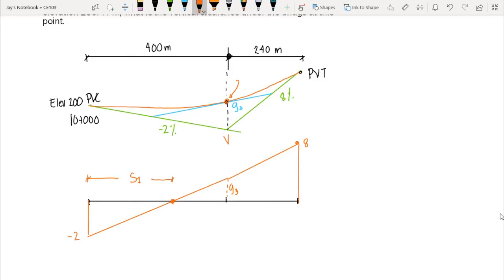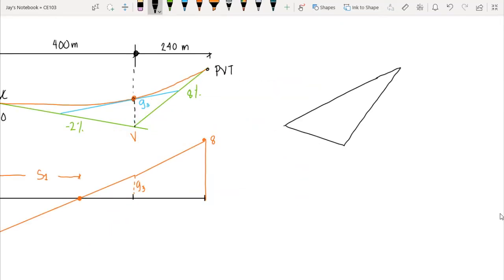However, before we can apply ratio and proportion, we need the value of G3. So how are we going to do that? If you isolate this triangle, we have this diagram in which the slope of this line is G3, correct? If we draw a horizontal line, the angle here is G3, while the slope of this line is 2%. Let's neglect the negative sign because we will be adding the two slopes, not subtracting, so we use the absolute value instead.